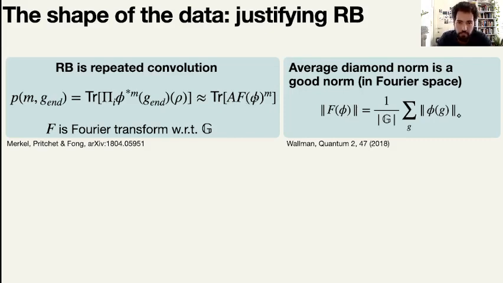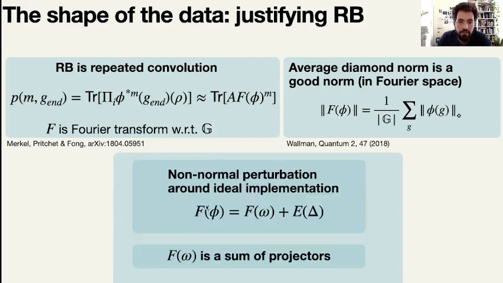And if you take both of these things, then you can say, aha, this is a trace of some matrix to the power m. So you can say, okay, we can think of f of phi as a small perturbation around the ideal representation, where I mean small in this distance. And then if you look at it a little bit more closely, you'll realize that the Fourier transforms of ideal representations are always projectors with their rank given by the multiplicity of an irreducible representation.